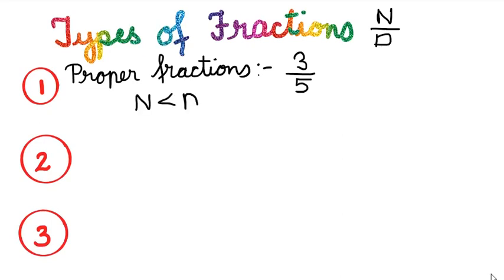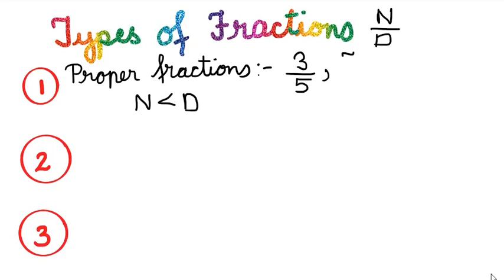Means, our numerator is small number and denominator is greater number. Such kind of fractions where numerator is less than denominator are called proper fractions. Okay. So, some more examples are 7 upon 9.